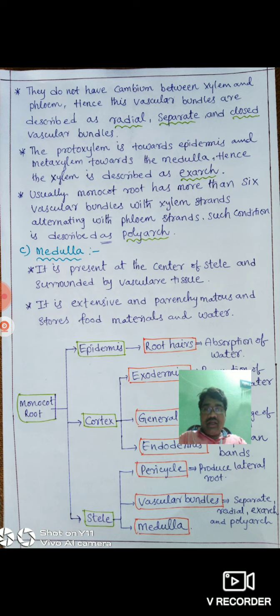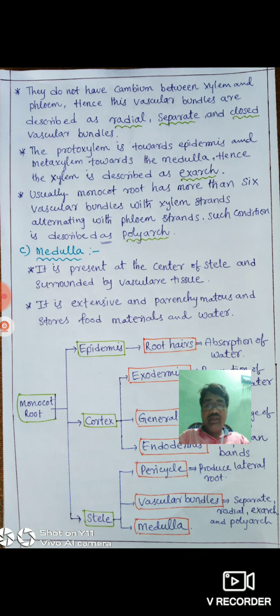In the protoxylem, the protoxylem is towards the epidermis and the metaxylem towards the medulla. Hence, this xylem is described as exarch condition. The dicot root is also exarch condition. Same, protoxylem is towards the epidermis and the metaxylem is towards the medulla.